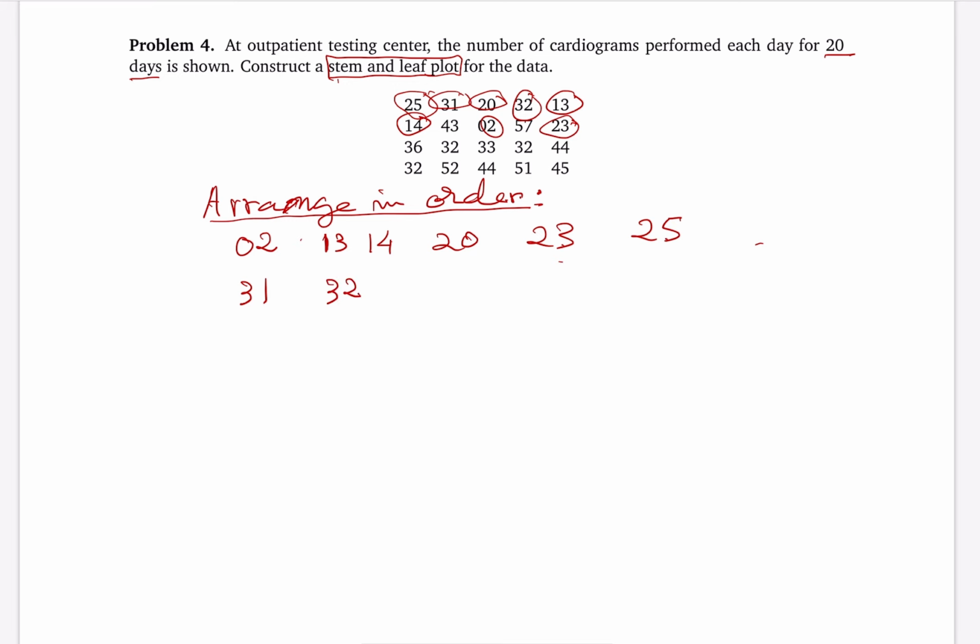I have another 32. Write down everything. I have another one, 32. So far I have three 32s. Let me see if I have another one. 32, 32, 32. 1, 2, 3. And 32 here also.